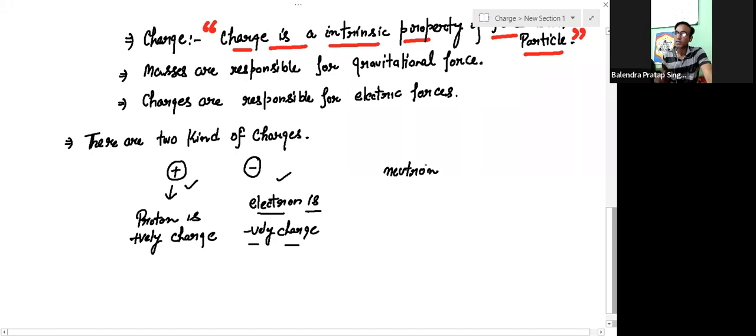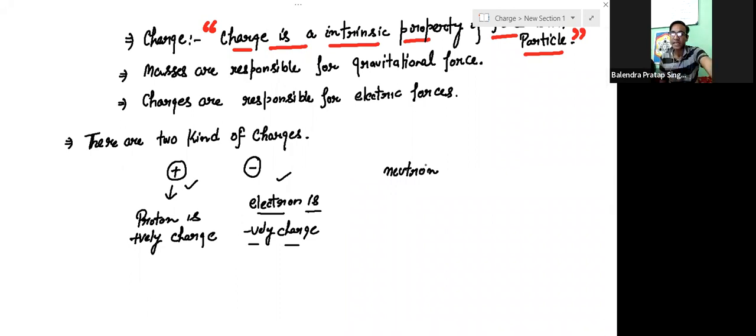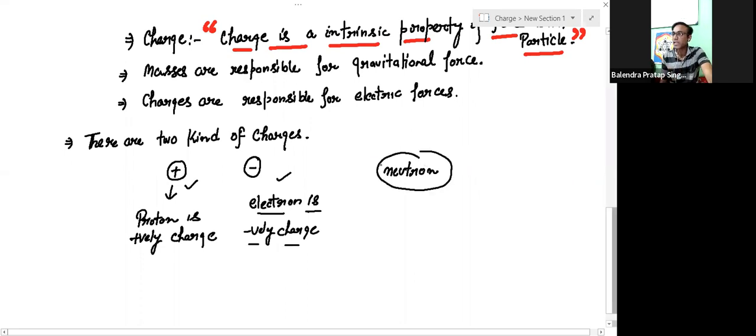Neutron is neutral in nature, we can consider it has zero net charge.